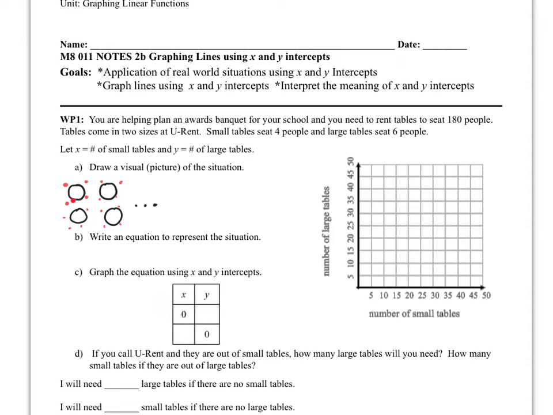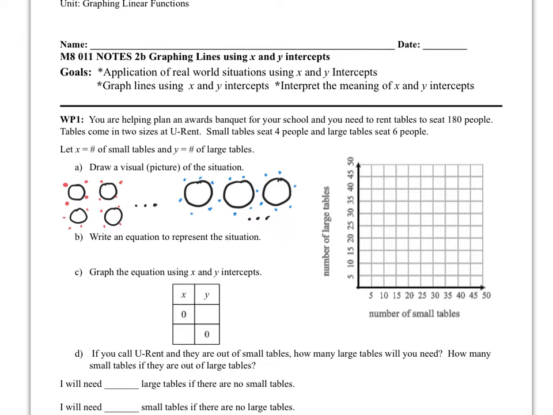And what this is showing me is that every time I have a small table, there are going to be 4 people sitting there. Then I could have my large tables. So I want to draw them a little bit bigger. Again, I don't know how many of these I have, but this time I'm going to have 6 people around each large table.